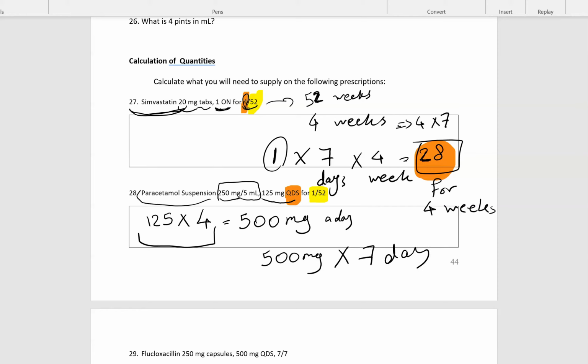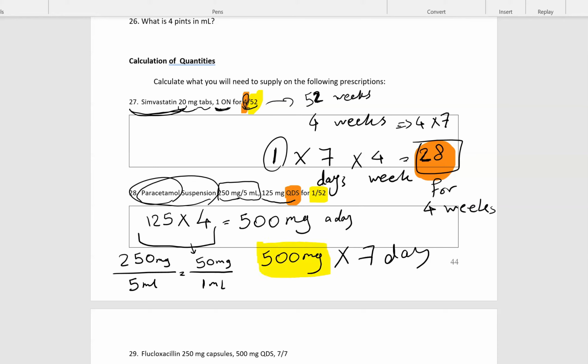But this paracetamol suspension is available as a liquid. The concentration of this liquid is 250 milligram in 5 milliliter. So how much milligram of paracetamol do we have in 1 milliliter? 50 milligram. The total amount we have to supply is 500 milligram.